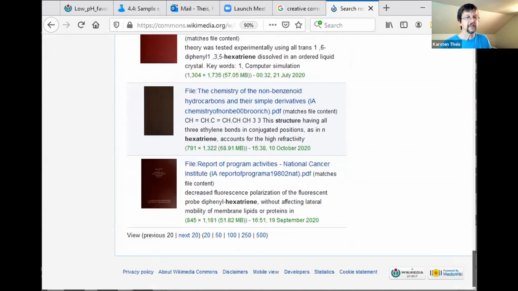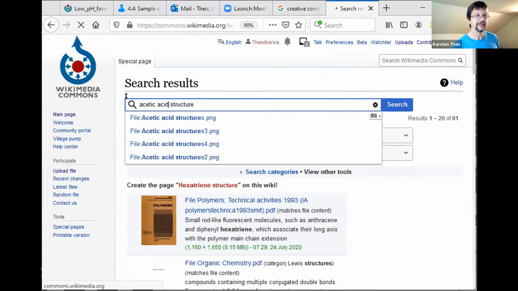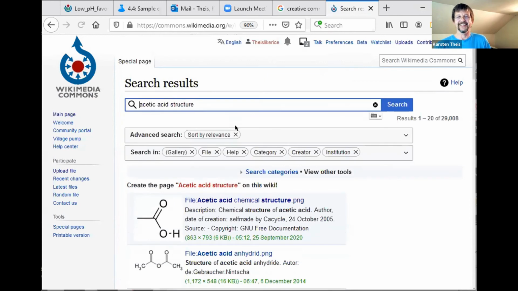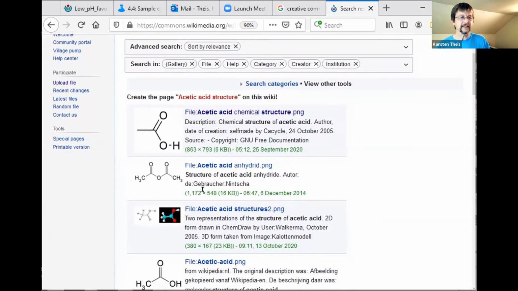And I'm guessing I'm not successful here. Let me do something where we have better luck, maybe. Acetic acid, there should be something. I have to draw acetic acid a lot, right? And so I can quickly just go to Wikimedia Commons, and usually the common molecules are there. I think I will get the hexatriene as a homework and see if I can find it somewhere. It should be somewhere. And you'll have all versions, Lewis structure or skeletal or 3D kind of rendition.